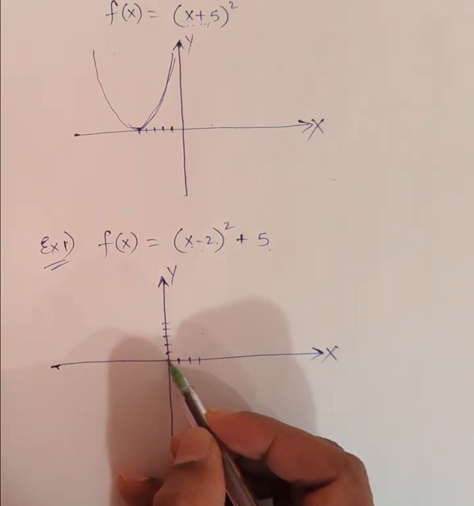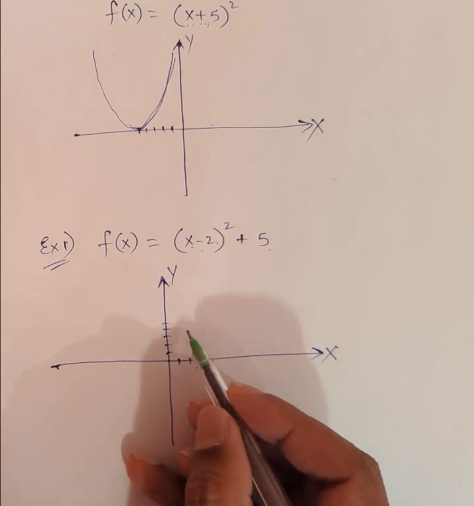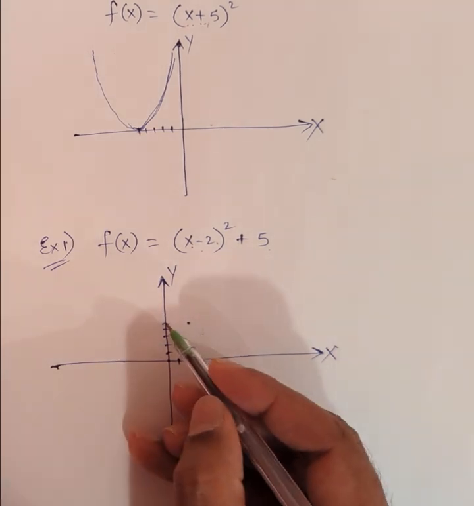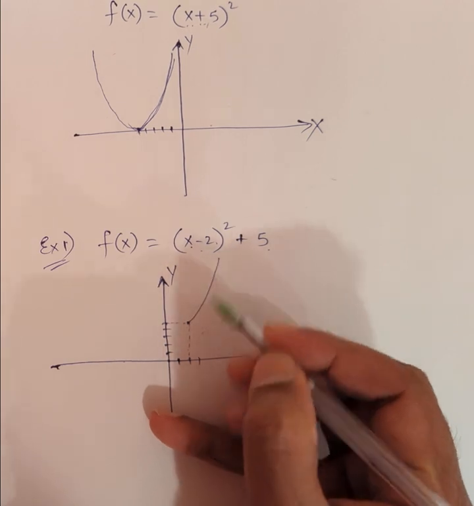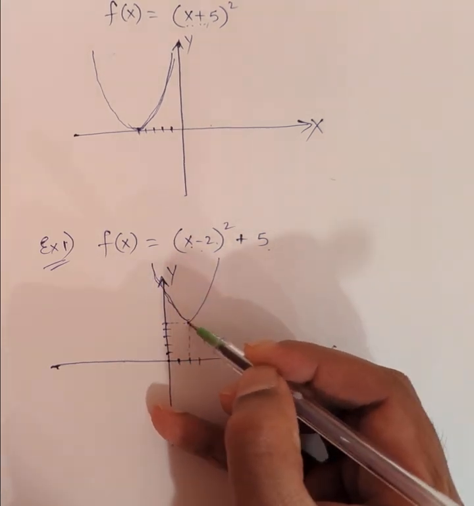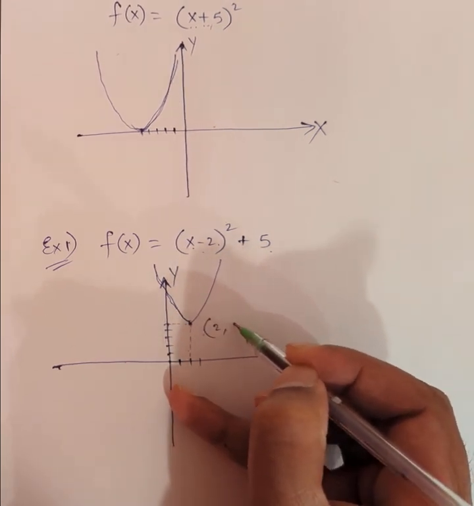So in the base graph, the vertex was at the origin. Now it's going to be 2 to the right and 5 up. So it's going to be at this point, 2 to the right and 5 up. And this is where you begin drawing your parabola. So your vertex is now at (2, 5).